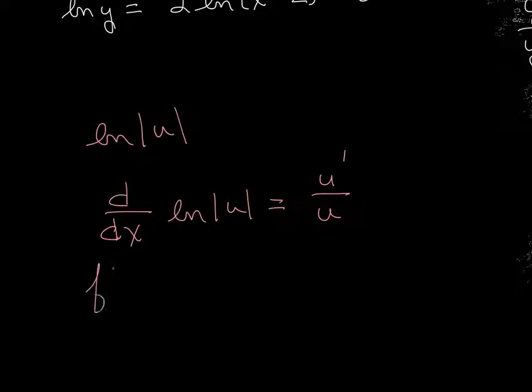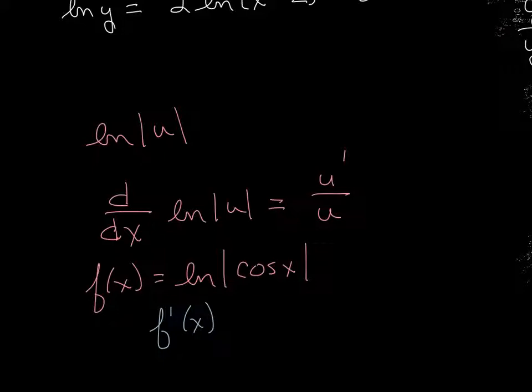If I have the function f of x equals the natural log of the absolute value of the cosine of x, because the cosine of x can be negative, but a natural log can't, so we have to take the absolute value of the cosine of x. Well, when we take the derivative, we can ignore those absolute value bars and take the derivative.